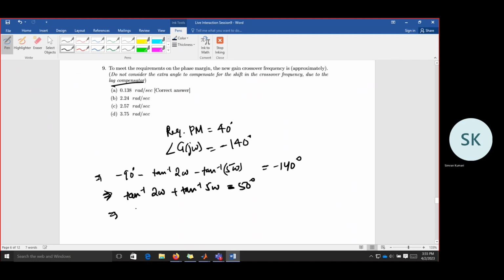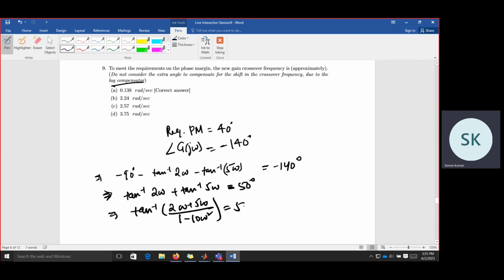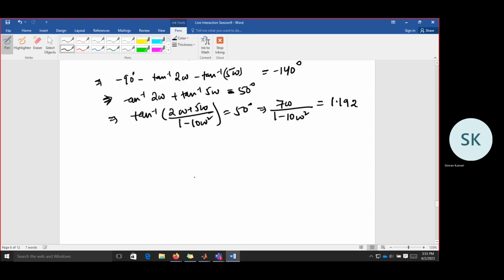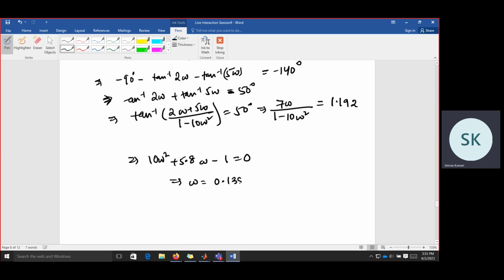This gives us tan inverse of 2 omega plus 5 omega by 1 minus 10 omega squared. So this is 7 omega by 1 minus 10 omega squared equal to 1.192. This would be 10 omega squared plus 5.8 omega minus 1 equal to 0. Omega is equal to 0.138 radian per second.